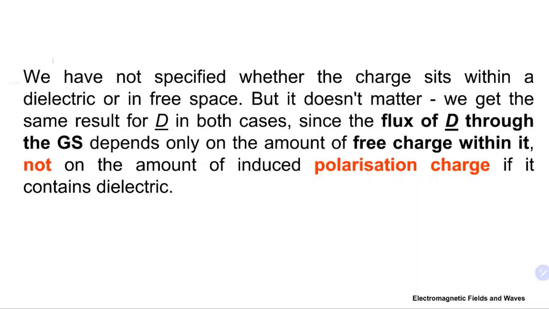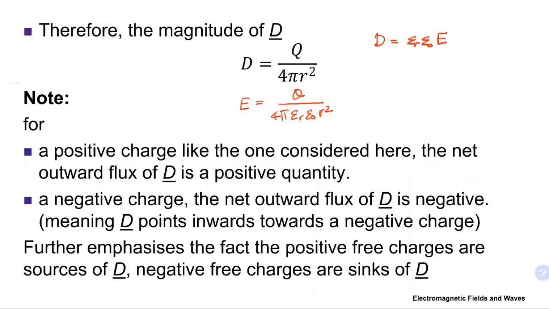Okay, so in this case, because we're treating it in terms of the electric flux density, it doesn't matter whether it's a dielectric or it's free space. It's the same because D only depends on free charge.